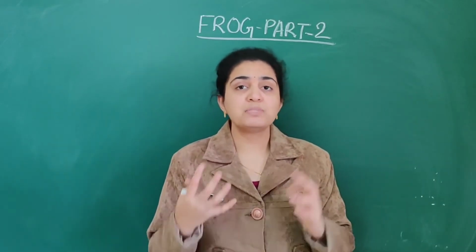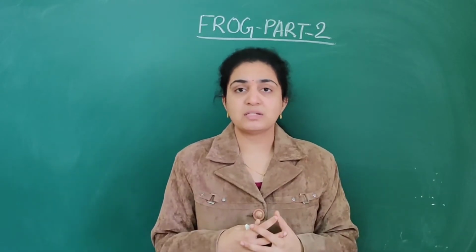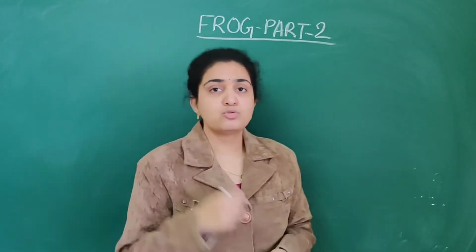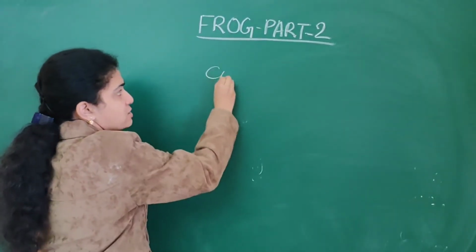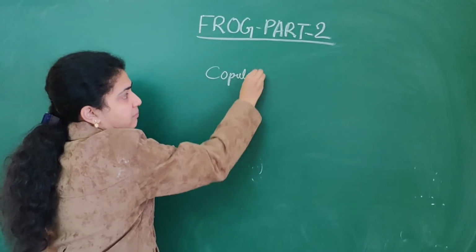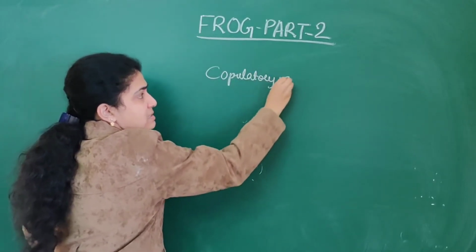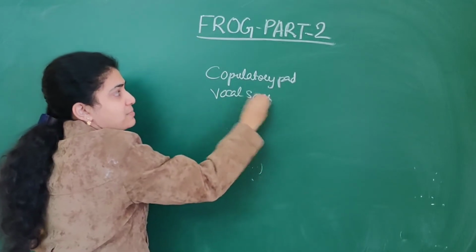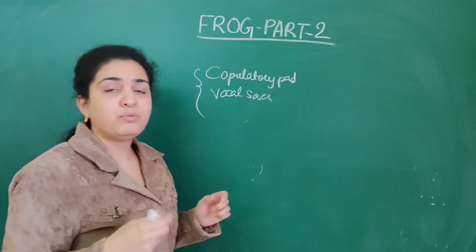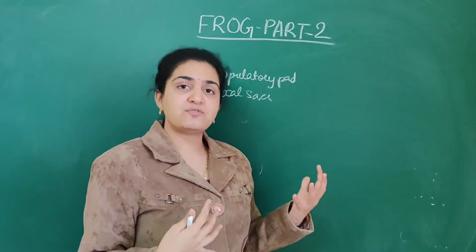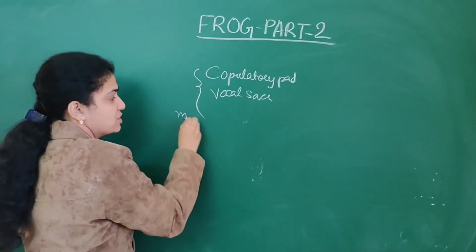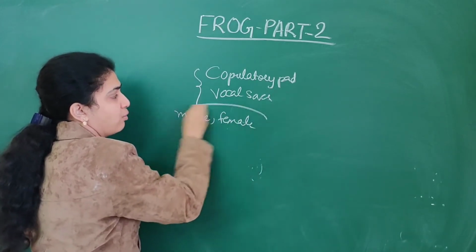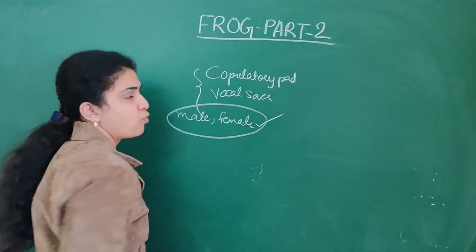Forelimbs as well as hind limbs are also present. Mainly in the forelimbs, it has two special features called the copulatory pad as well as vocal sacs.